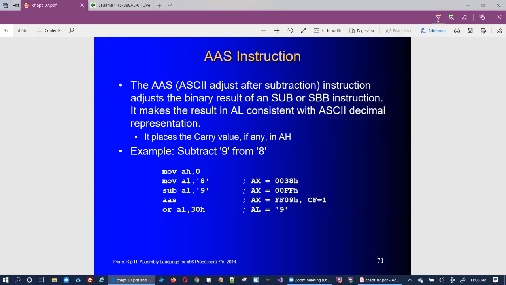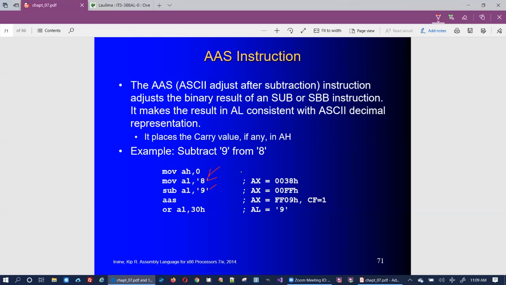And it's the same for ASCII adjust after subtraction. Here's an example where we want to take 8 and subtract 9 from it.